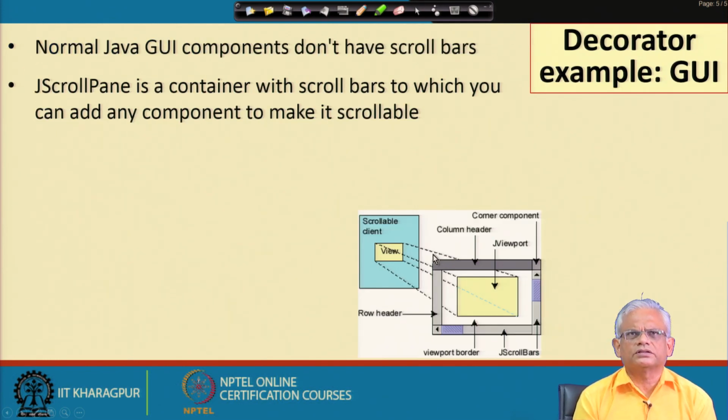Let us look at some examples of uses of the decorator pattern. One of the areas we had remarked where the decorator pattern is used profusely is in GUI development, graphical user interface development, and also in the development of input output streams, the IO streams.